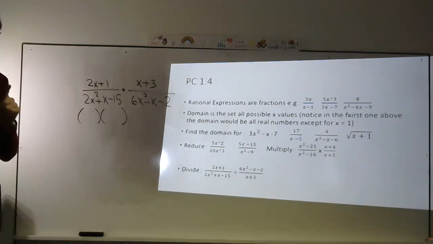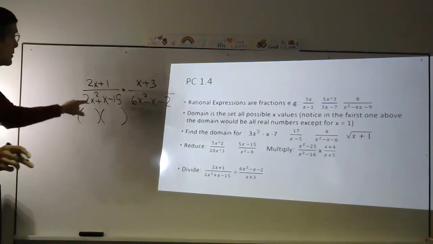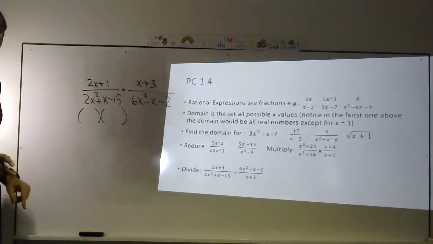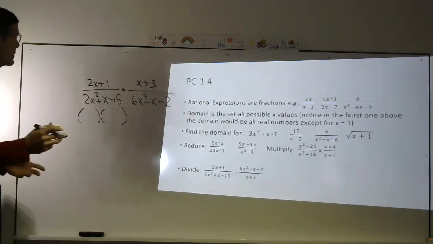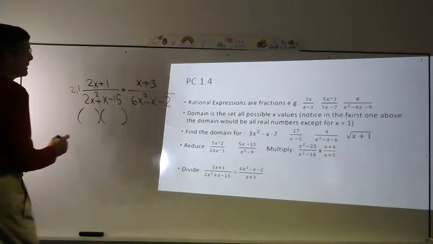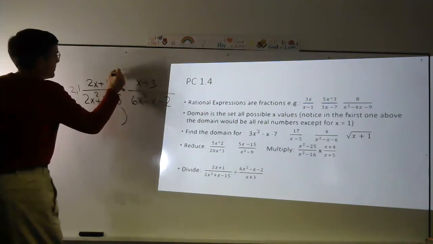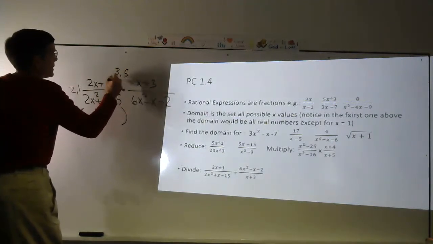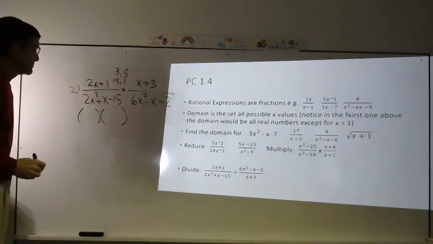This is FOIL in reverse, and it's a hard one because there's a number in front of the x squared. So let's talk about what we went through the last time. Factors of 2: 2 and 1. Factors of 15 are 3 and 5, 15 and 1.